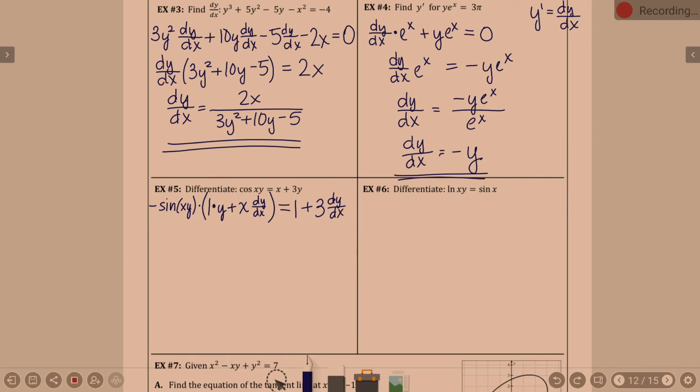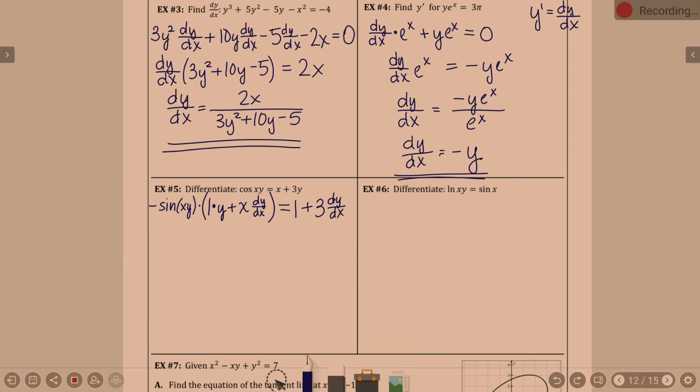Okay. So officially, our job is to get all of the dy dx terms to one side, correct? This is where I was pausing because I had to gather my thoughts. I can't subtract a y because y is in parentheses. You can't subtract it, it's multiplying.